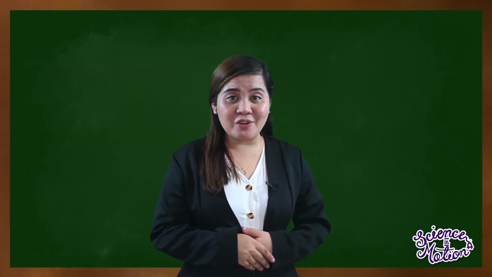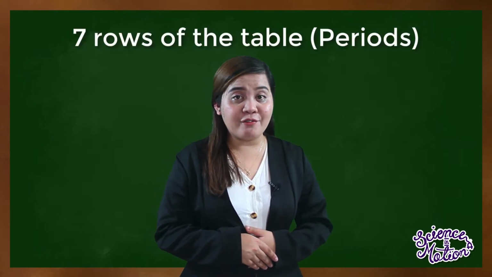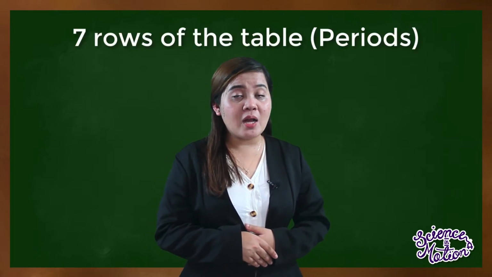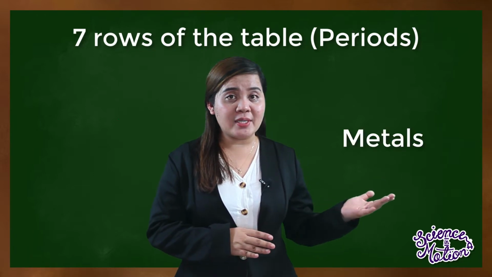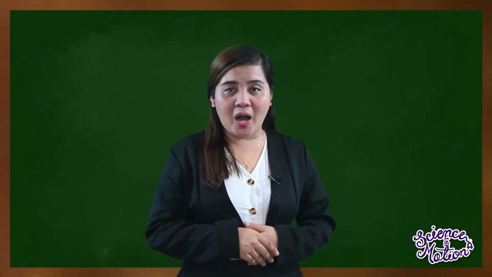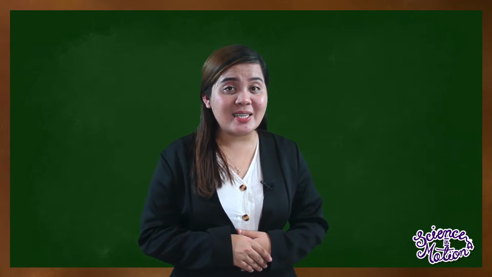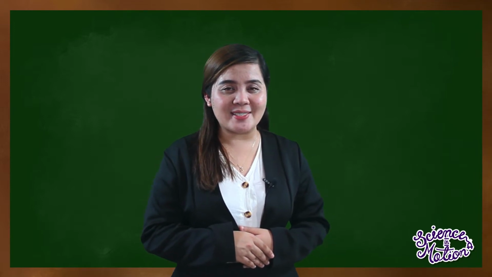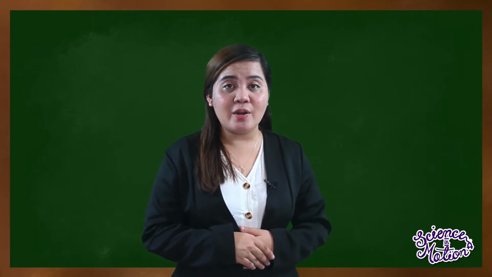The structure of the table shows periodic trends. The 7 rows of the table, called periods, generally have metals on the left and non-metals on the right. The columns, called groups, contain elements with similar chemical behaviors. 6 groups have accepted names as well as assigned numbers.